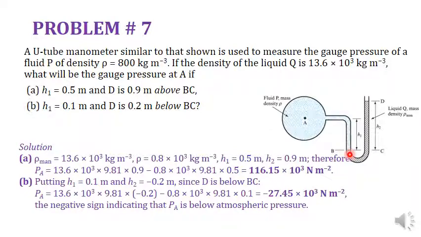Again, I am repeating this. In part 2, I explained why we are not considering this part from B to C, this 180-degree bend. The pressure intensity due to the manometric fluid present in this bend we are not considering, because the pressure exerted by the right hand side of the bend is cancelled out by the pressure caused by the manometric fluid in the left hand side of the bend.